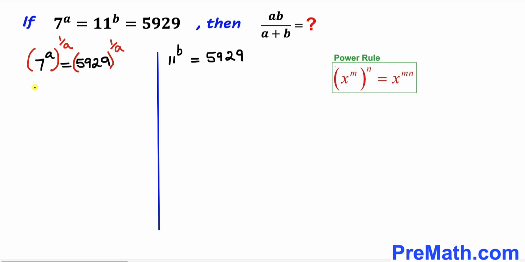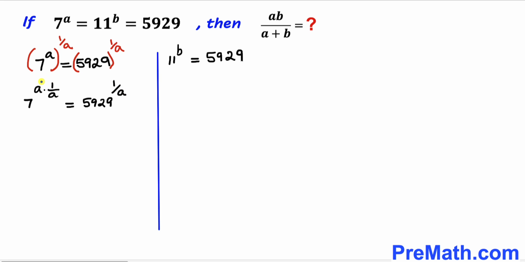So the left hand side could be written as 7 power a times 1 divided by a, which is equal to 5929 power 1 divided by a.